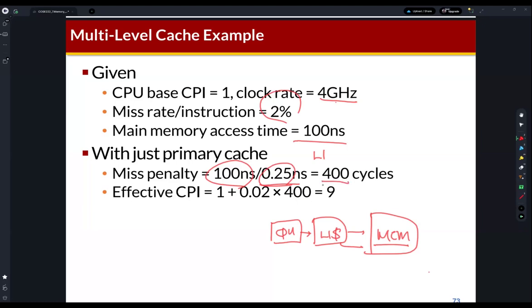That's 400 cycles, which is the miss penalty. So the effective CPI is 1 plus the miss rate of 2% multiplied by the 400-cycle miss penalty. So the effective CPI is 9.